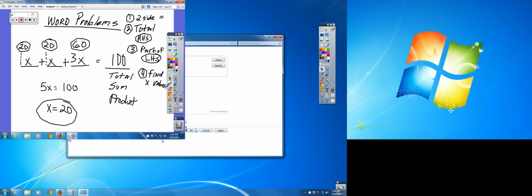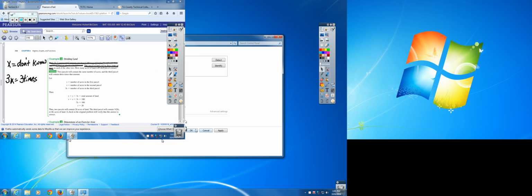What I don't mean mathematically. What I mean is right here. One parcel of land will be 3 times as large as each of the other 2. Right here, each of the other 2 means what? x and x. Because there's nothing assigned. There's no multiplier with these 2. The multiplier is what?